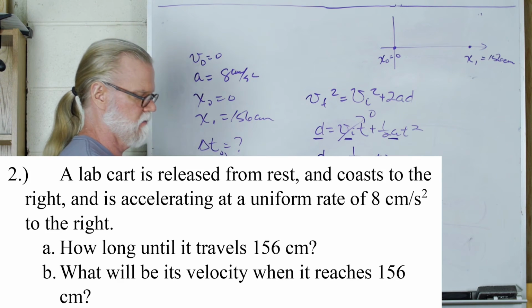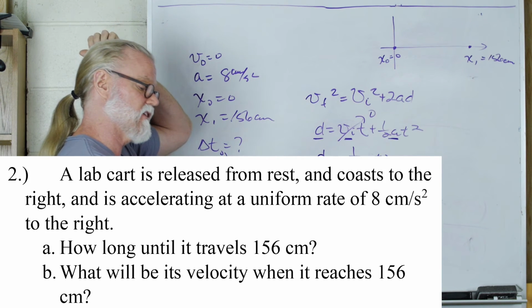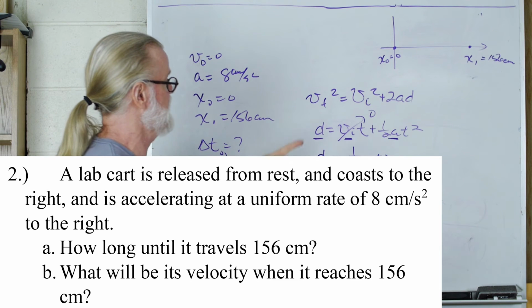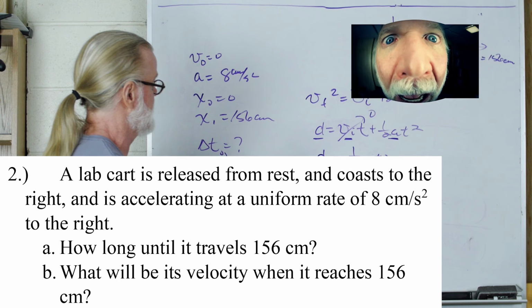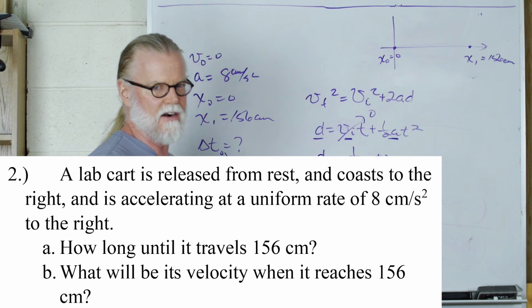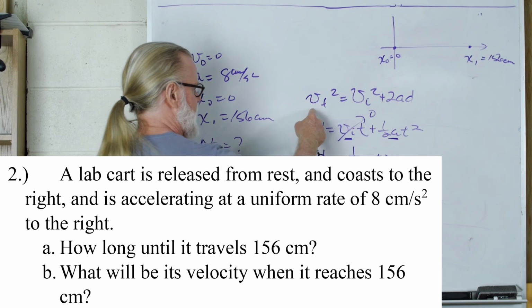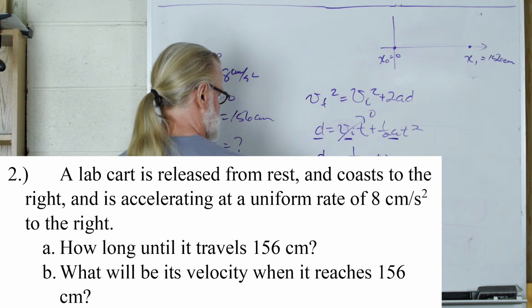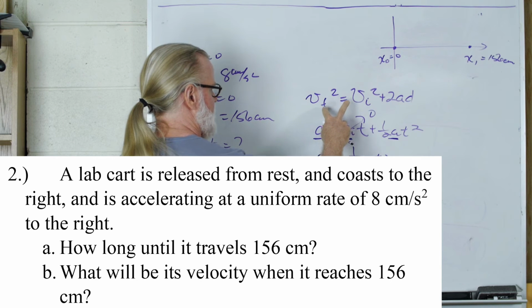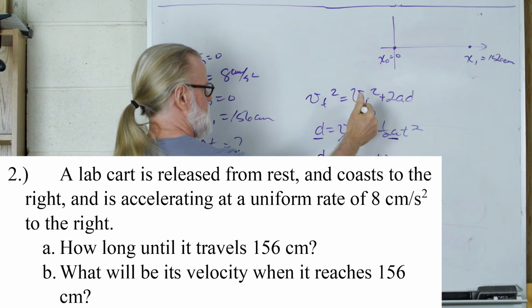To come down. What will its velocity be when it reaches 156 centimeters? What will its velocity be? Pause the video now. We'll use squarey. Squarey, V final squared equals that. All right, let's take a look at squarey, because we have this.